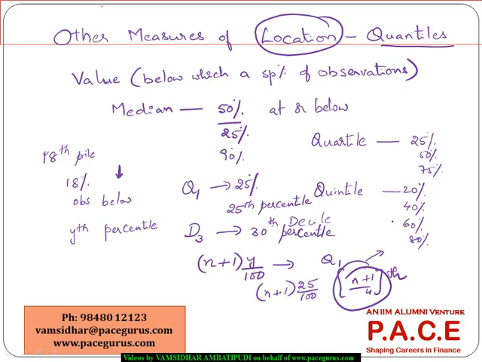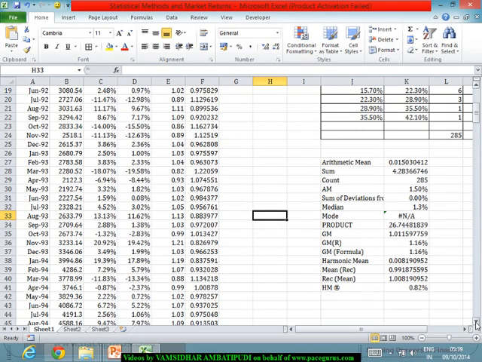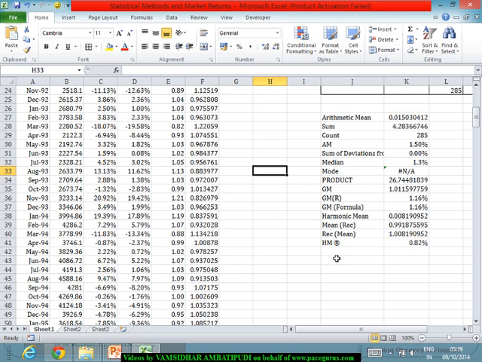Just to understand, if I want the 30th percentile, which is otherwise the third decile, I arrange the data in ascending order. So 285 data points are there, right?